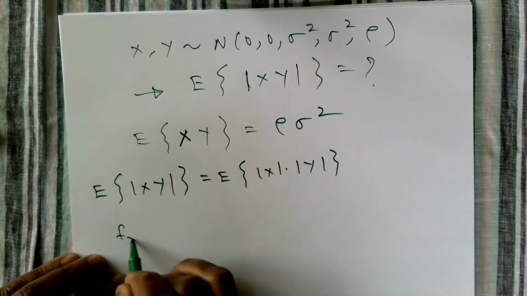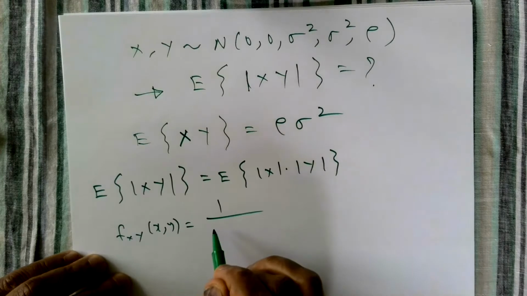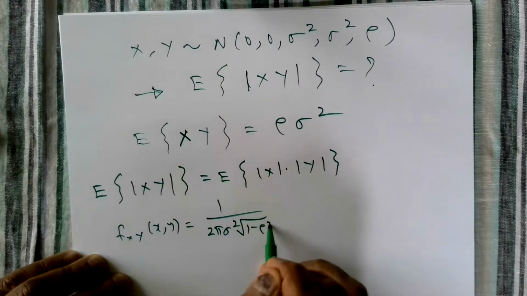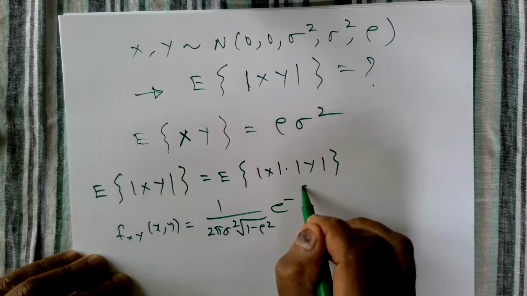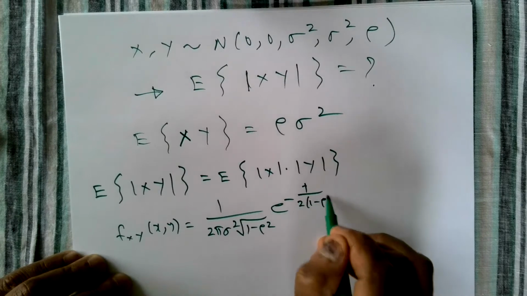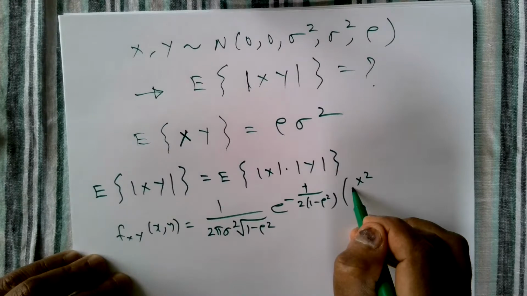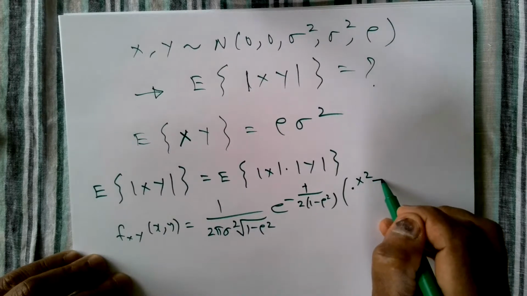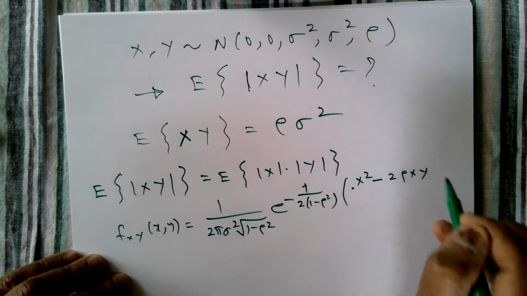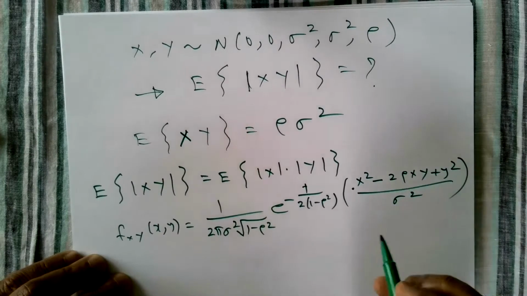To start with, we have the joint density function to be 1 over 2 pi sigma squared square root of 1 minus rho squared, e raised to minus 1 over 2 times 1 minus rho squared, times x squared minus 2 rho xy plus y squared over sigma squared, common sigma.